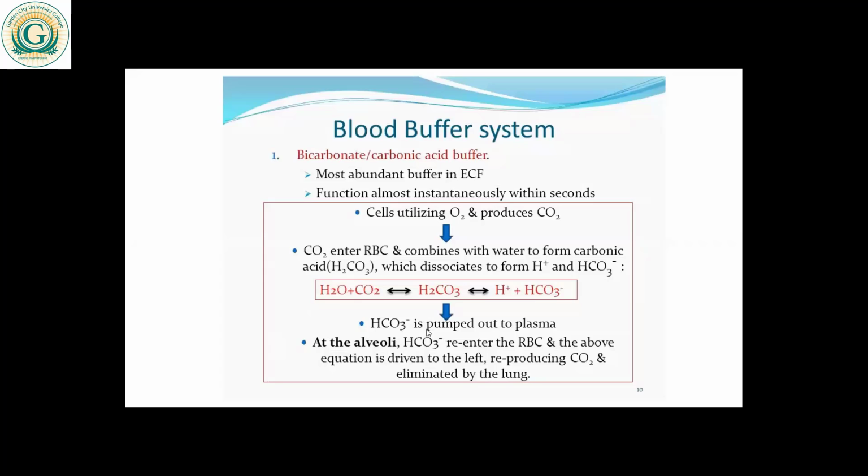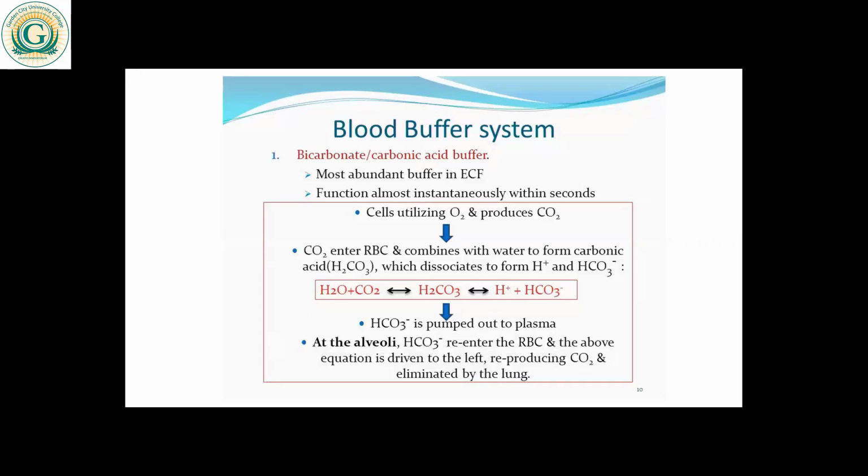Now, bicarbonate is pumped out to the plasma. So this happens in the red blood cells. The bicarbonate moves into the plasma or the fluid part. That is what happens in the blood. So it's this bicarbonate, which is a base, that maintains the slightly alkaline nature of the blood.